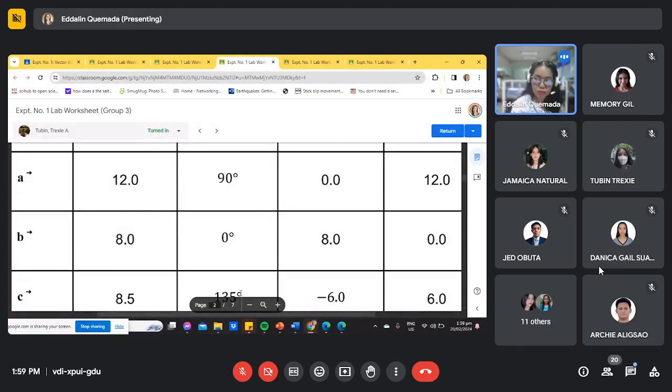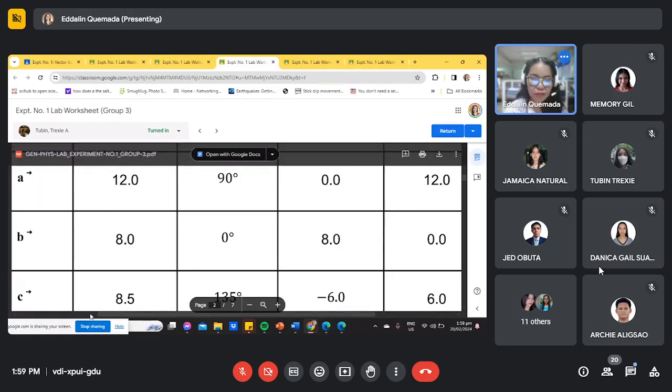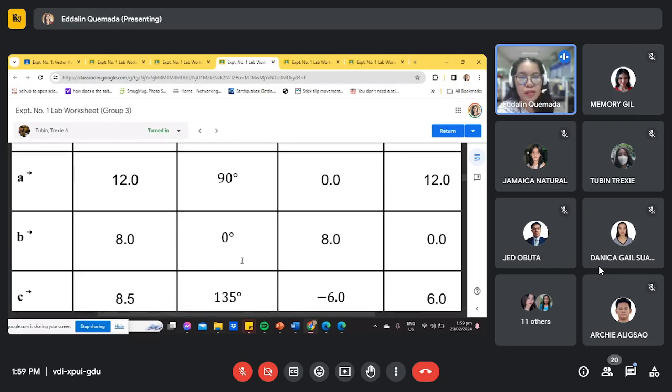Take a look, even from the table of values: vector C, 8.5, angle 135 degrees. For vector A, the x component is zero but it has a y component. Vector B has an x component, but its y component is zero. For vector C, what can we see?